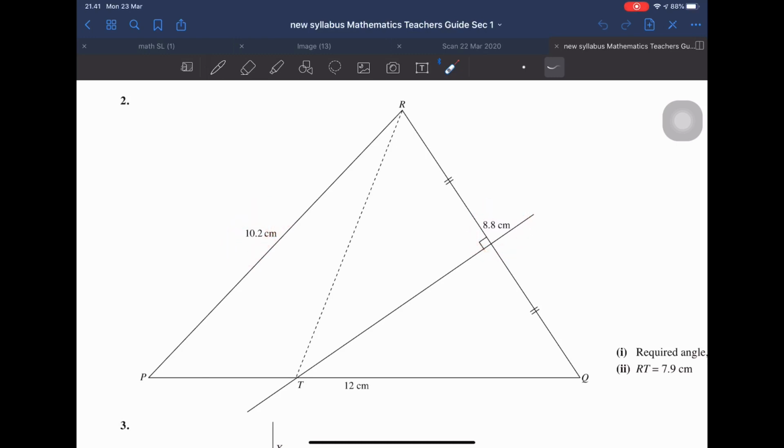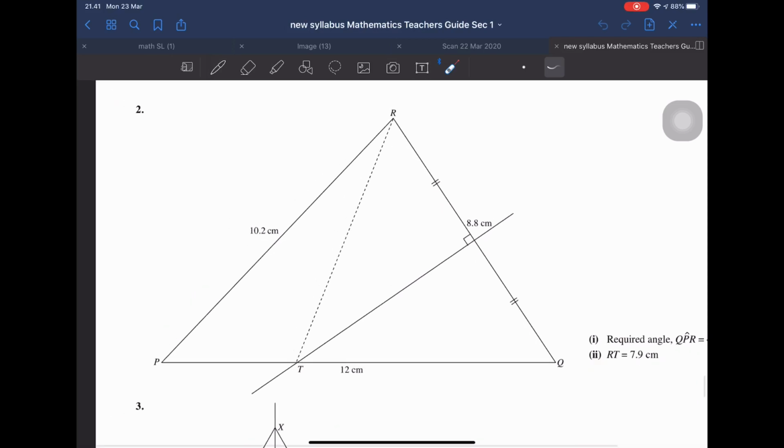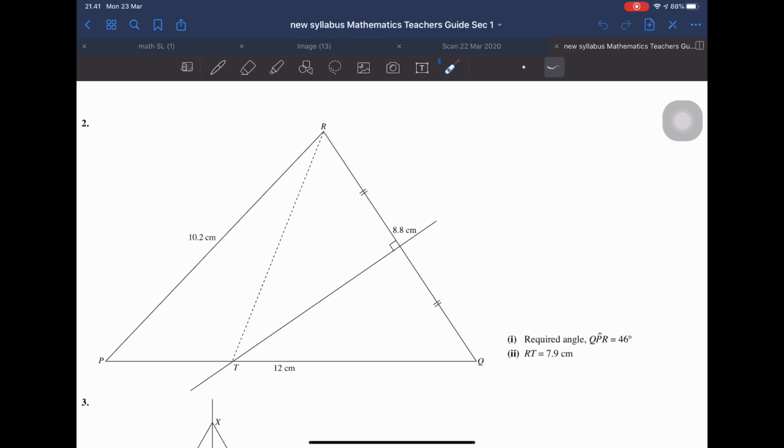If it's different than it's supposed to be, redo. Okay, now check all the work, and the answer for the first one, QPR, is 46°.